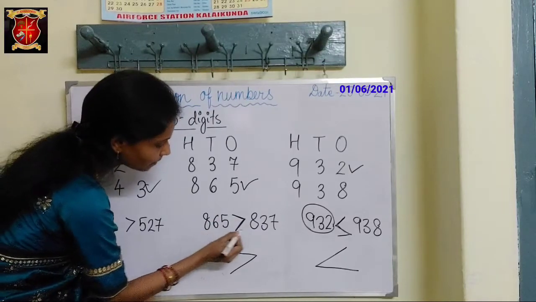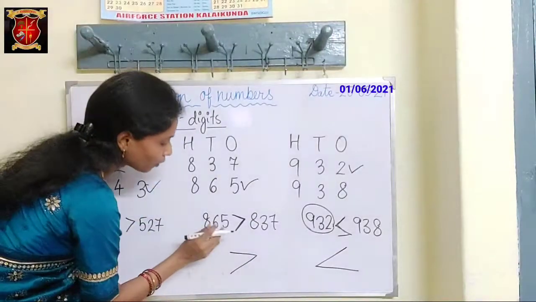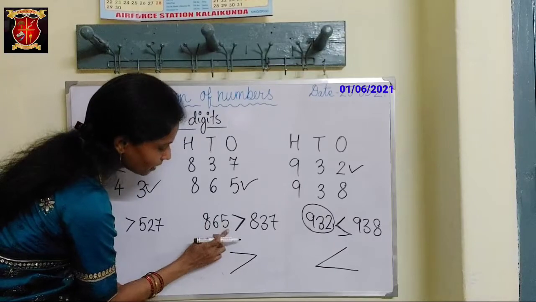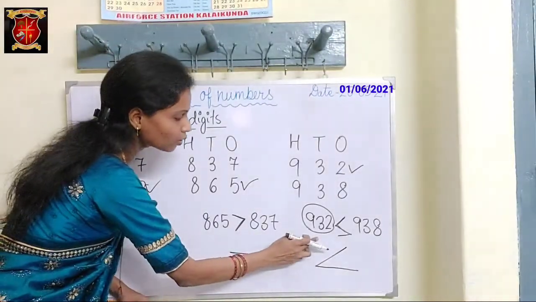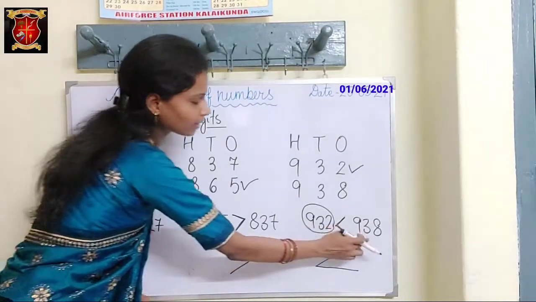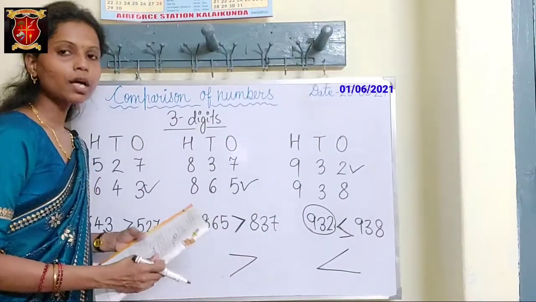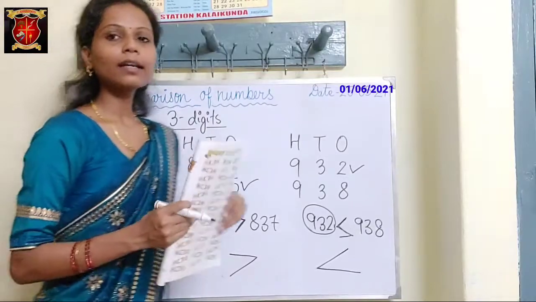This number is big and this number is small. Always keep this in mind when we are writing the numbers on either side of the arrow. So here also, in the less than sign, this number is small and this number is big. Okay, so I think you have understood how to compare 3-digit numbers.